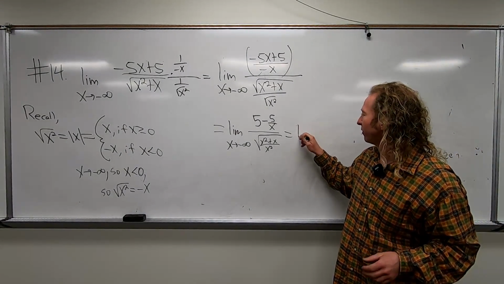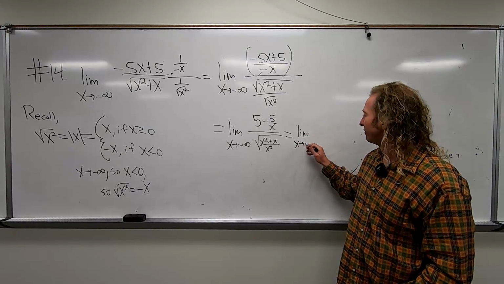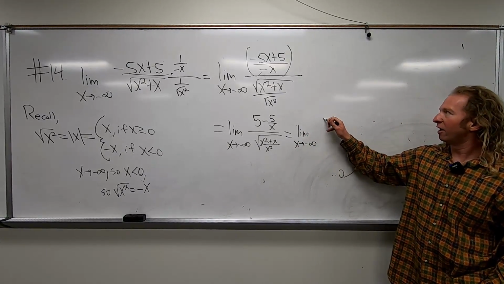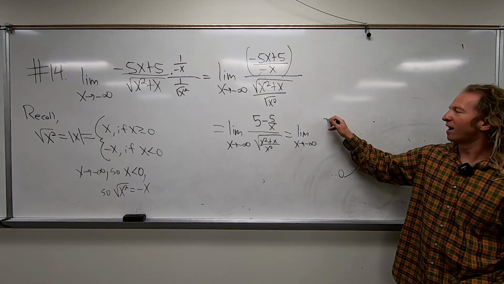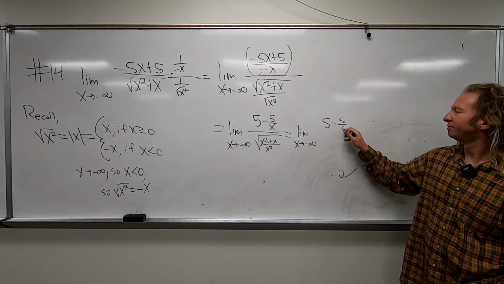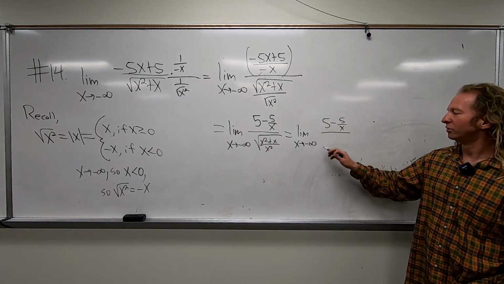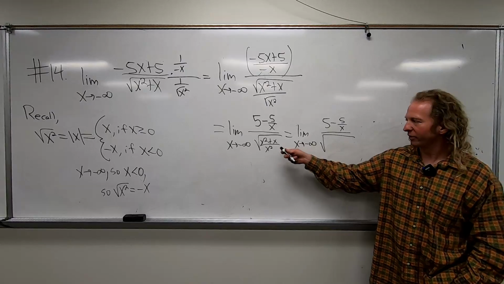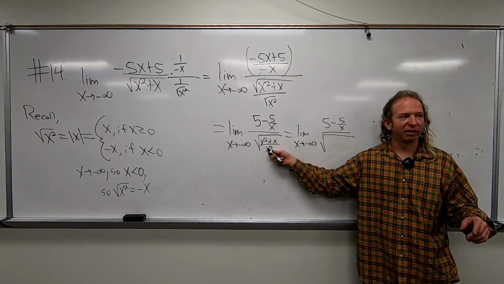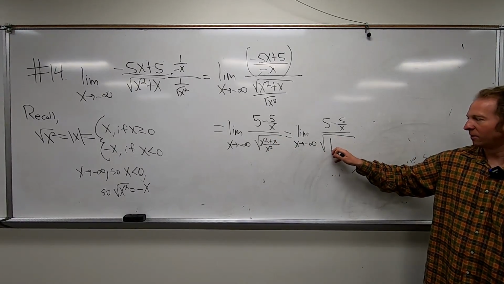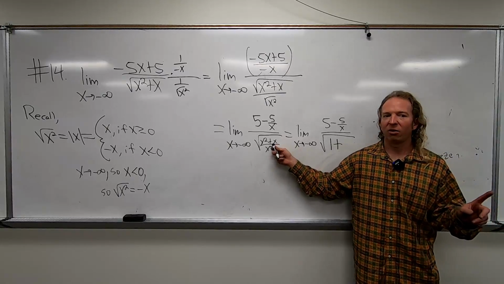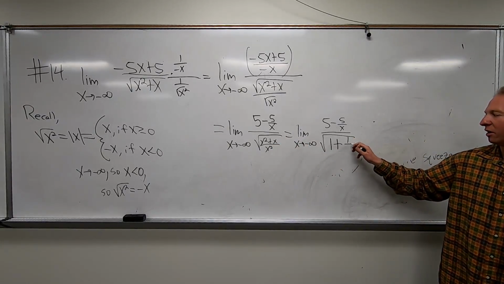So now this is equal to the limit, as x approaches negative infinity, of 5 minus 5 over x, over the square root of x squared over x squared, which is 1, plus 1 over x. You're very good.